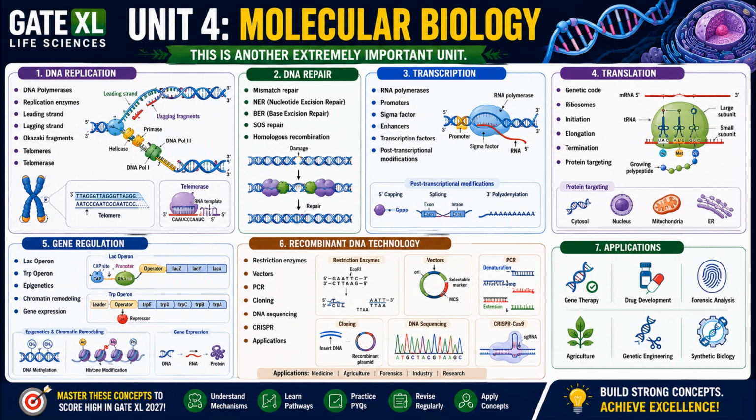When we are talking about DNA replication, there are a number of enzymes. We will begin with DNA replication because that is one of the first pathways of the central dogma. The process by which a cell duplicates its genome is called cell division. You should understand all the different components associated with it, like different enzymes, different proteins, different strands, how the replication process starts, how it ends, and how it works.